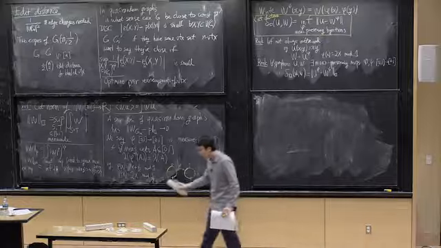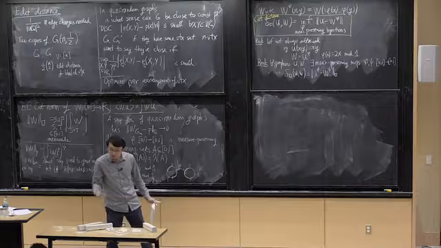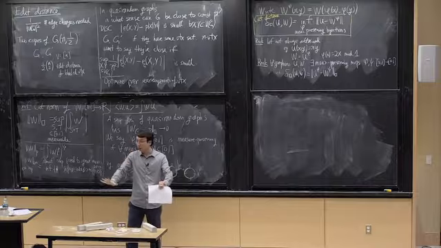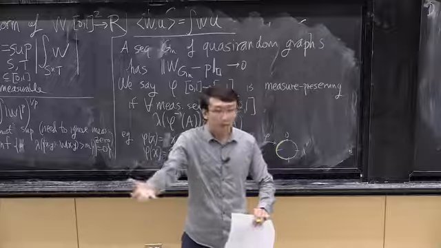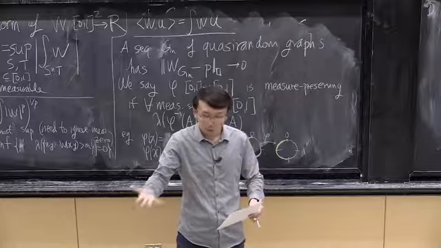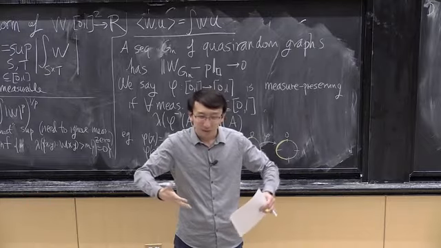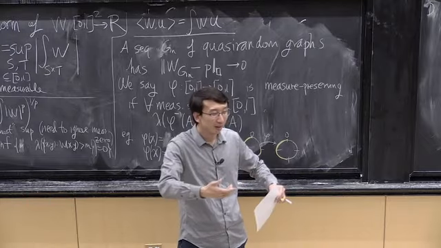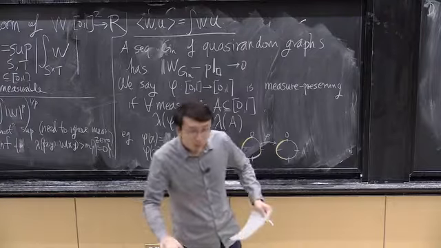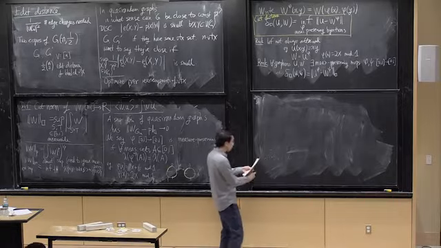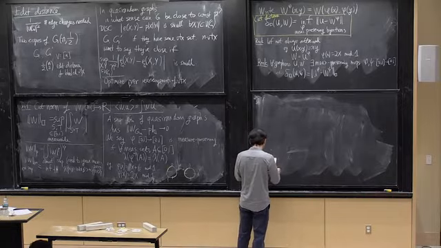So far we've defined this notion of a cut distance between two graphons. But now I'll give you two graphs. What should you do for two graphs? Well, take the graphons associated with these graphs and consider their cut distance.